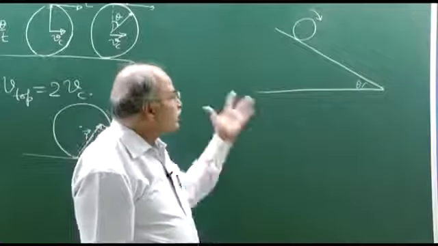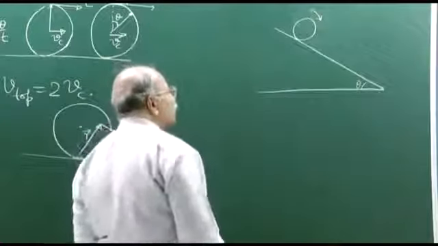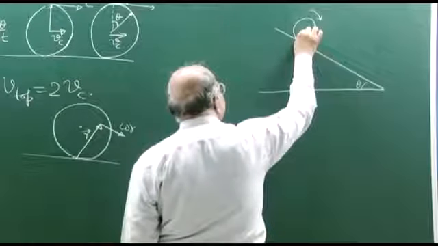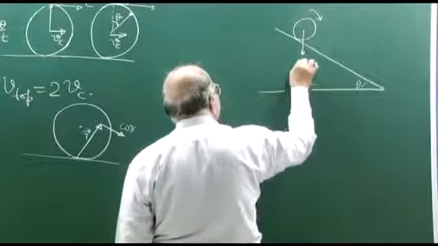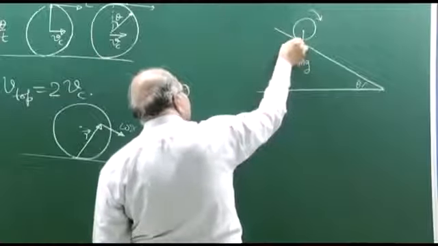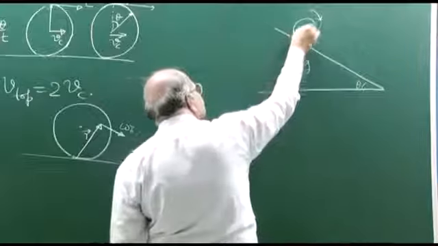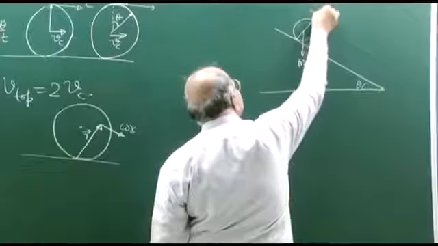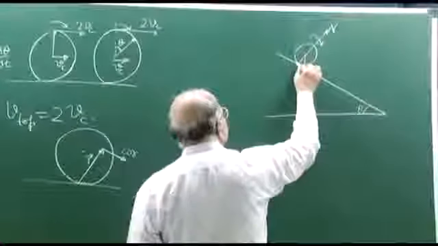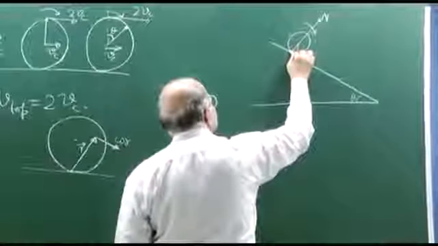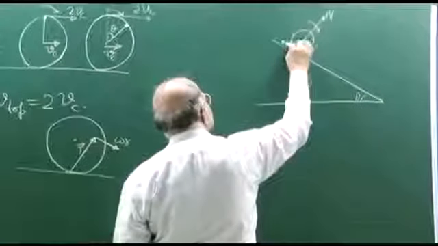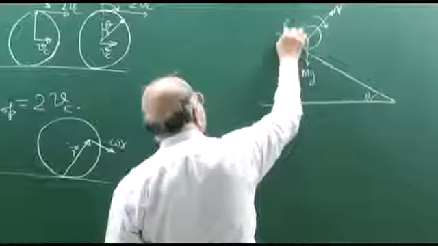So, let us see what are the forces on this ball. The forces will be weight, you can write mg, and the normal force from the contact, that will be normal force here, and then you will have friction by this track. So, you will have some frictional force which is parallel to the surface, F, small f.